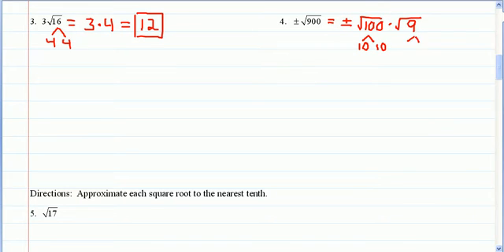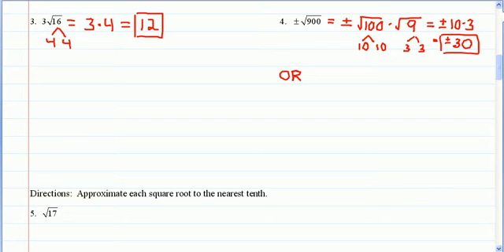The square root of 9 is 3 times 3, so that the final answer is plus or minus 10 times 3, which is plus or minus 30. And that plus or minus just means that your answer could be a positive 30 or it could be a negative 30.